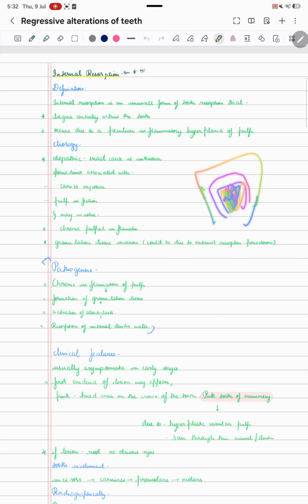Then the pulp starts growing, hyperplasia of the pulp occurs, and this is your internal resorption, right?